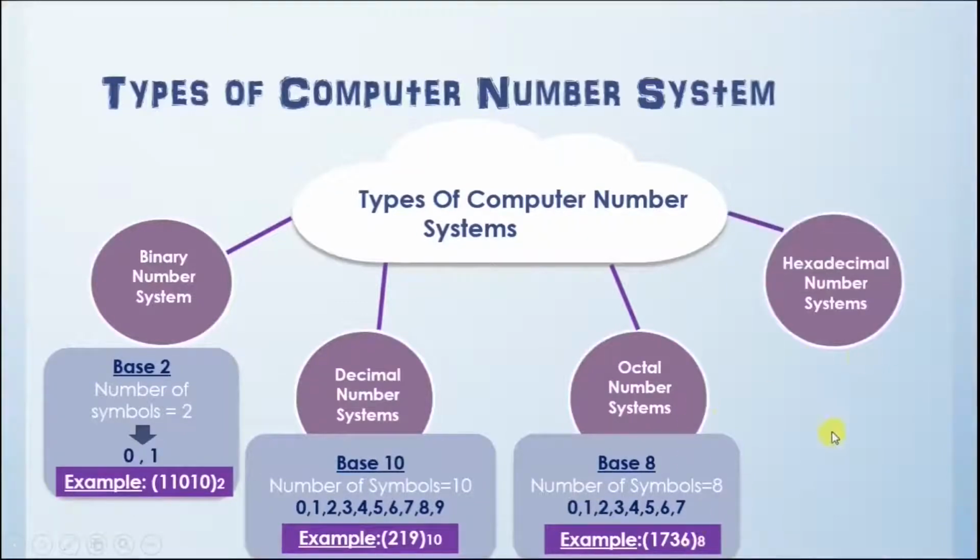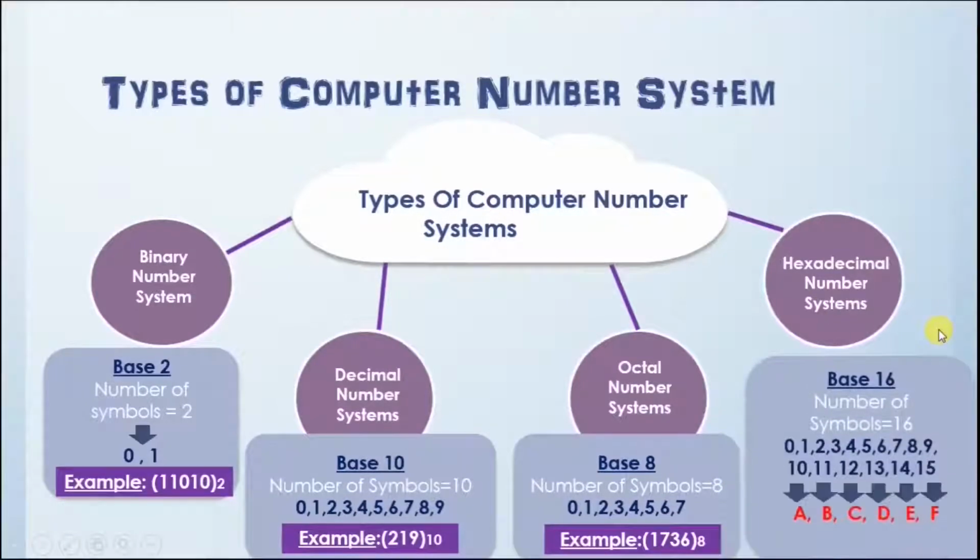The next type of computer number system is the hexadecimal number system. So hexadecimal number system has the base 16, meaning it has a total of 16 digits from 0 till 15, and the numbers are represented using these 16 symbols that are 0, 1, 2, 3 and so on till 15.